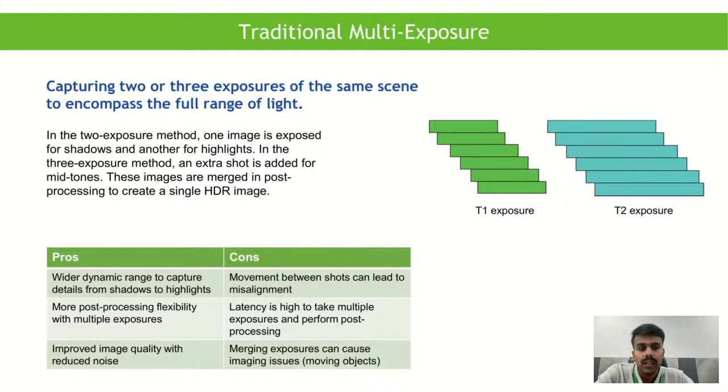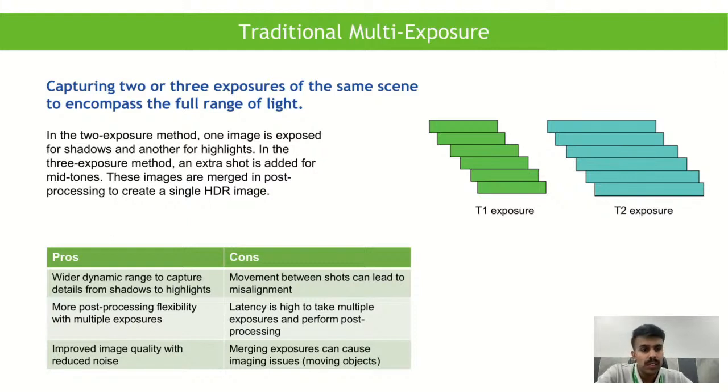And you get the benefit that you can process these two images together in software or using an external ISP or any other mechanism that you like, and combine them together. The output of these two images will depend upon the HDR algorithm that is being used.